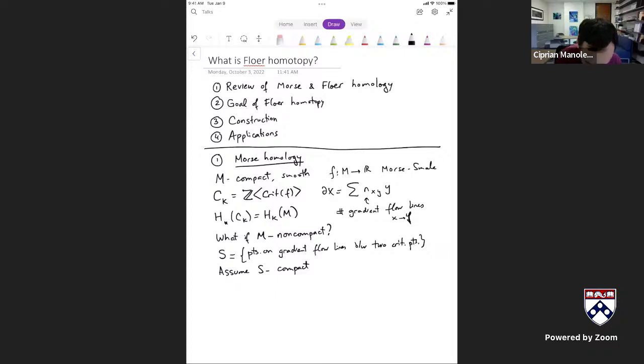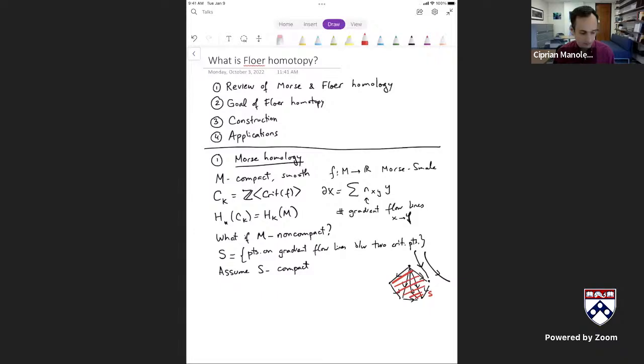That in particular implies that we have finitely many critical points. So this set S is going to have these critical points and also everything that's on flow lines between them. There may be other flow lines, like going from infinity to infinity or to a critical point. We don't care about them. We just care about this set here.